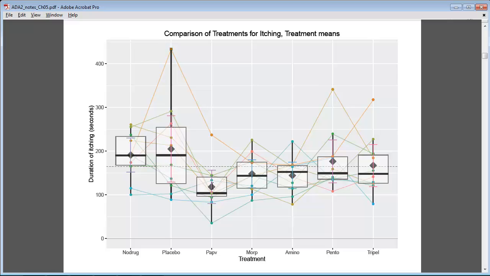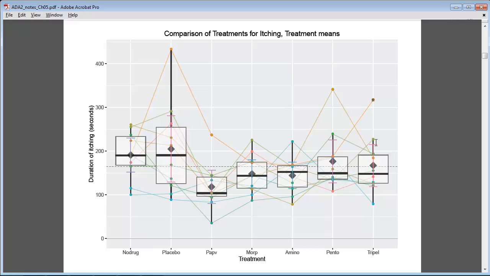PAP-V is the smallest mean. It's also being drawn up by this extreme observation. But that's the biggest contrast. PAP-V is also being drawn down by this person who stopped itching after, gosh, less than a minute. Lucky. So those are some of the influence. Here are the 2 other observations that stick out that have that high Cook's distance.